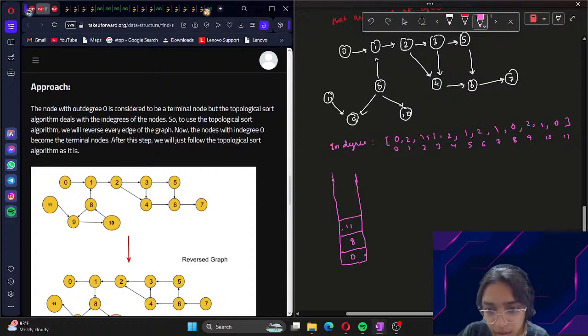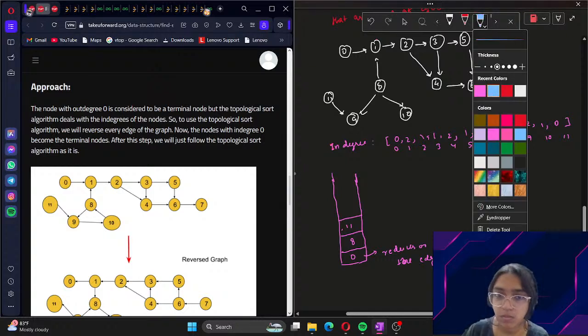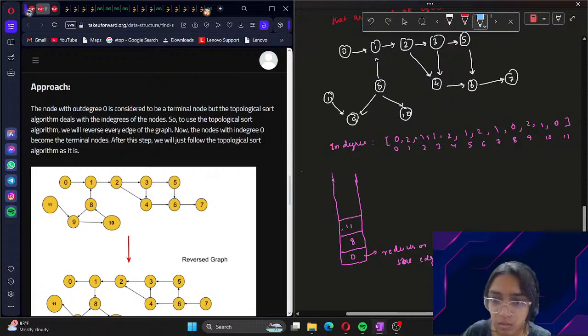Now when it pops node 0, it removes the edges from node 0. From node 0, we have an edge going to 1, so the in-degree of 1 is reduced to 1.